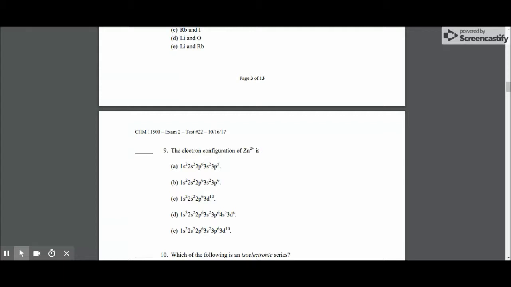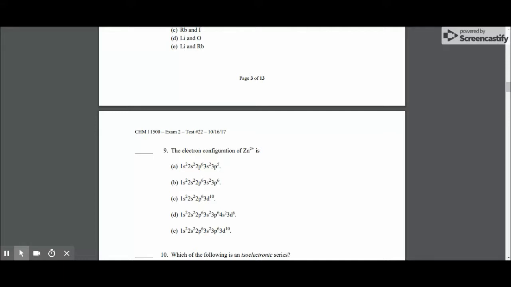And if you continue on, we see that 3 of the 4 remaining have 3p6, and 1 has 3p5. So it should be 3p6 as the correct answer somewhere. So it's either B, D, or E at this point.